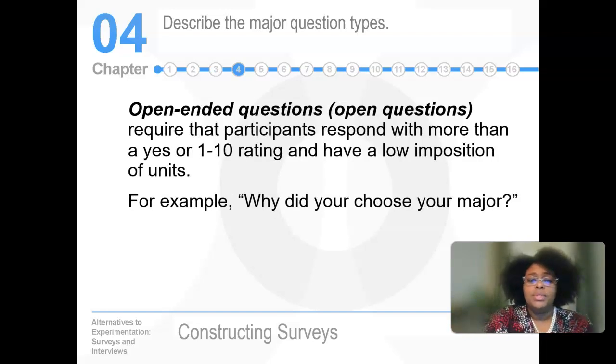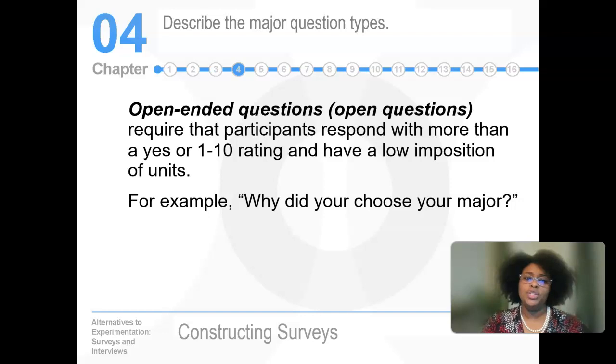So a closed question or closed-ended question is different than an open-ended question. These questions are more open. They allow for more explanation. It allows for an in-depth response from the participant and gives you more information to apply to your data.